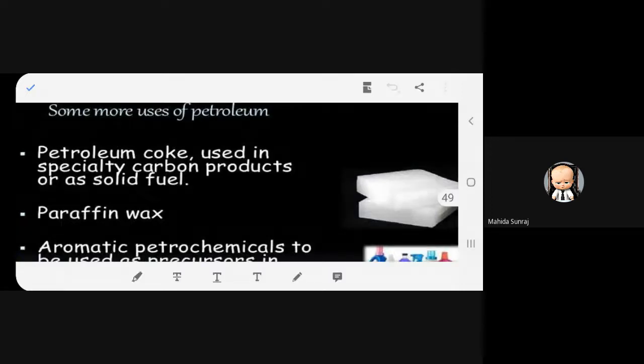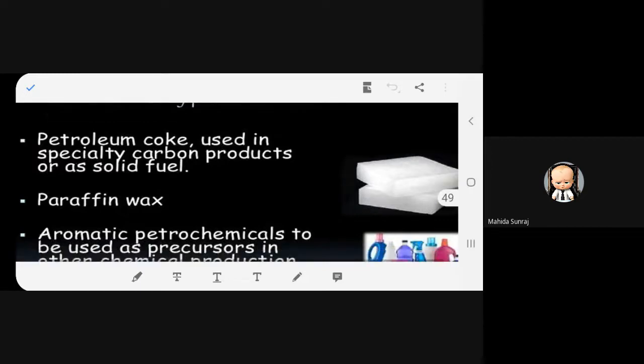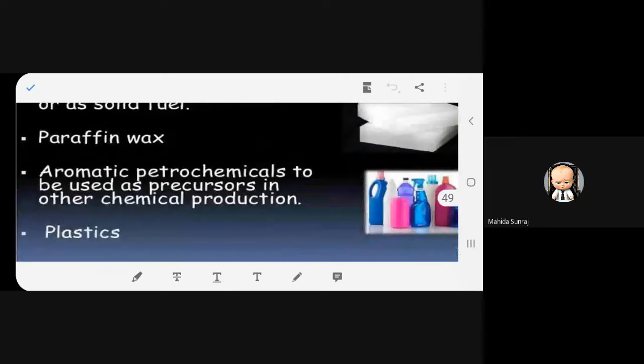Some more uses of petroleum. Petroleum is used in specialty carbon products or as solid fuel. Paraffin wax, aromatic petrochemicals.